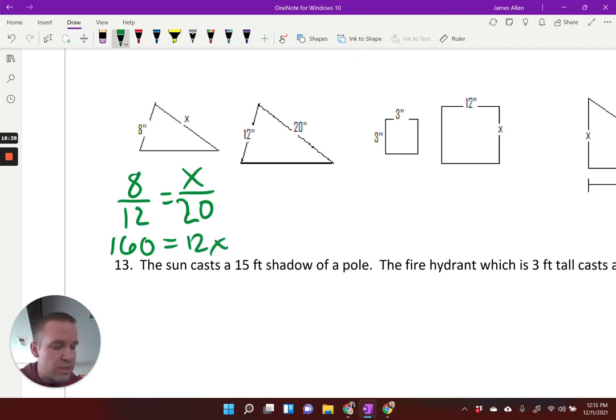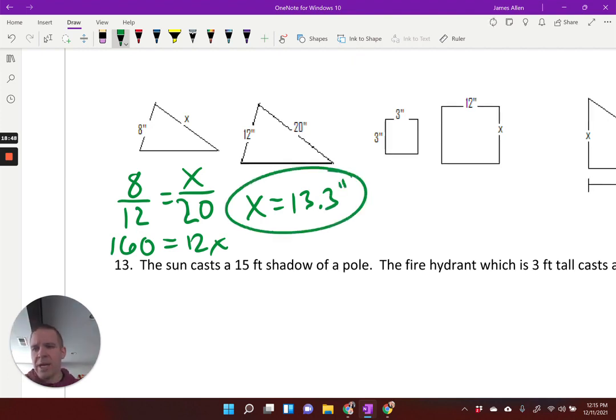Divide by 12, so 160 divided by 12 gives me 13.3 inches. Now, if you're wondering, could I have simplified this 8 over 12 before I did that? Yeah, you could have. You could have brought that down to 2/3, and then have smaller numbers to work with. Either way is cool.